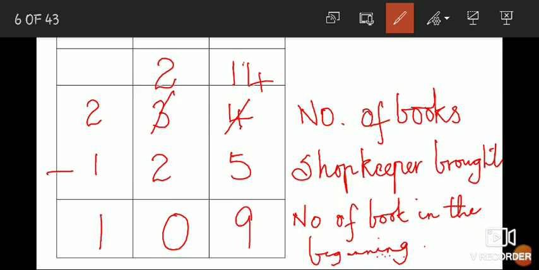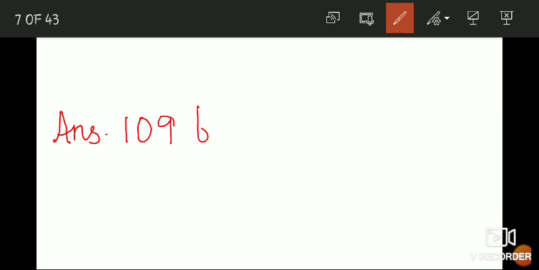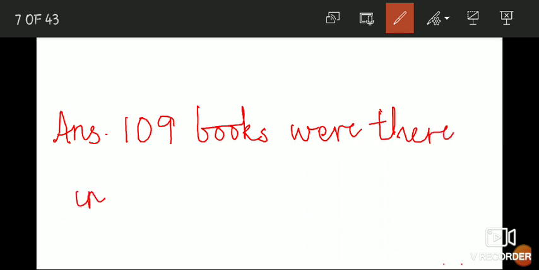How many were there in the beginning? So your answer will be, there were, okay, we just write little short, 109 books were there in the beginning.